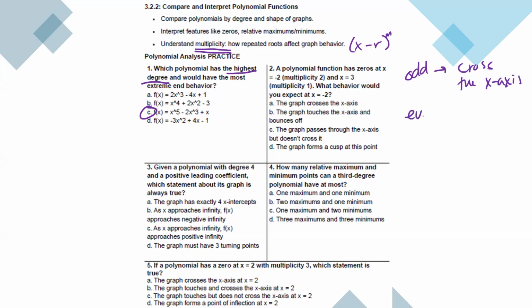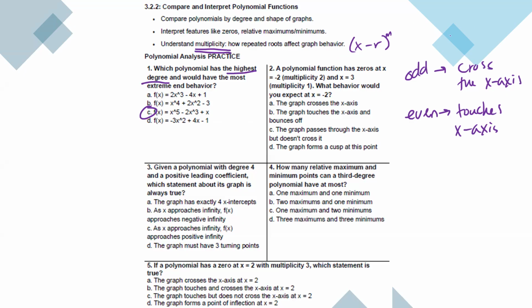That's all we need to know for Algebra 2. Even multiplicity is going to touch the x-axis. Okay, so odd crosses, even touches.